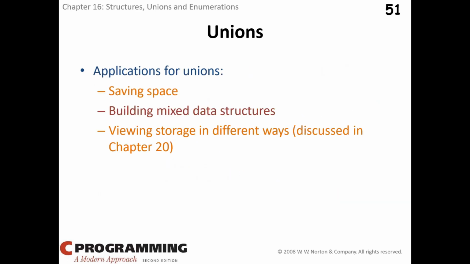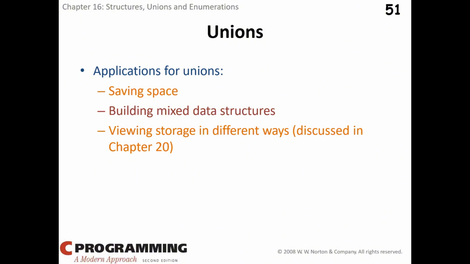One significant application of unions is in space saving or memory saving. Since unions only allocate memory for the largest member, they can be more memory efficient when compared to structures, especially when dealing with varying data types. Another common application is in building mixed data structures.